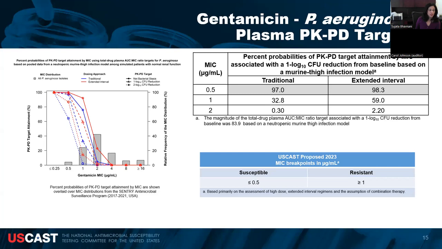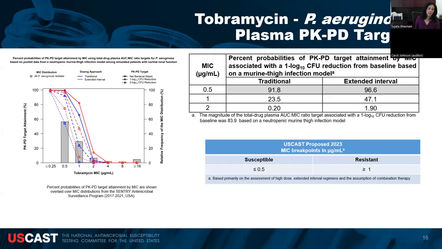Even though you can see that the vast majority of the isolates are above 0.5, it's really instructive, we thought, to have a breakpoint so that you can just see how suboptimal this drug would be. Many people know that, of course, but we think it's important to illustrate that. But then looking at TOBRA, it is a little bit better, and we'll look at the end at what the impact of these breakpoints are on the percent susceptibilities.